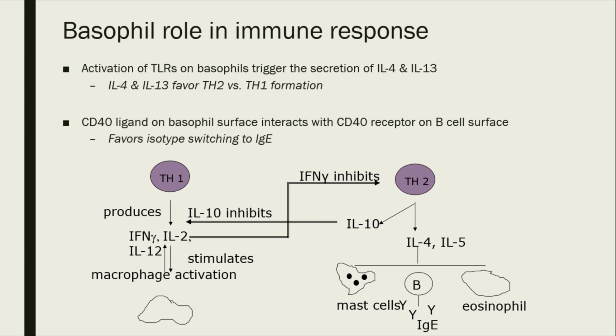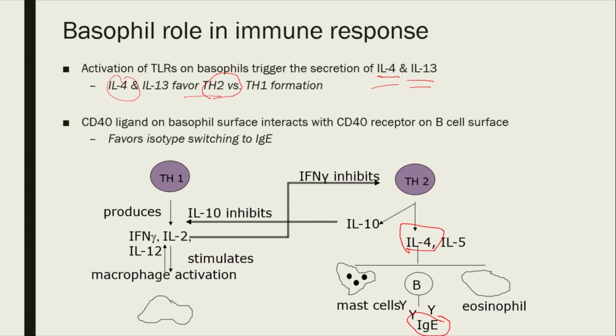Alright, so activation of toll-like receptors can trigger the secretion of IL-4 and IL-13, and particularly IL-4 here can favor Th2 formation. Remember, it always ties back to Th2, right? And then it will lead to more favorable IgE development.